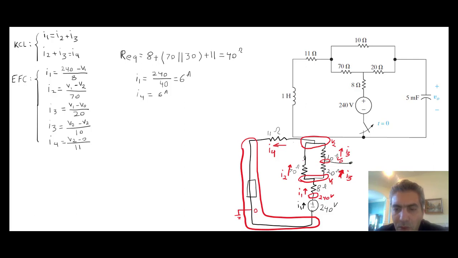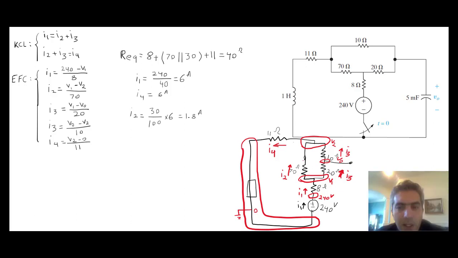Now the current divider equation would tell you that the 6 amp going in is going to get divided between the 2 inversely proportional with the impedance of each branch, right? So in other words, if I'm looking for I2, it would be 30 divided by 100 times 6 amp, the total current that is going in, and so that would be 1.8 amp.